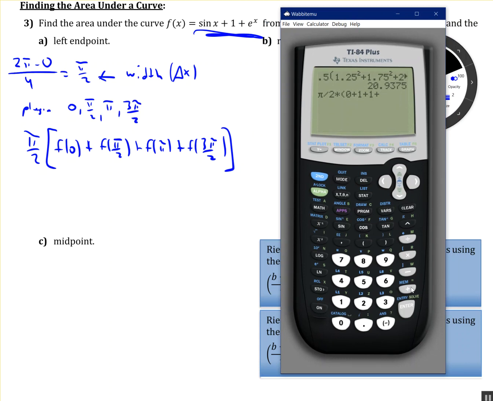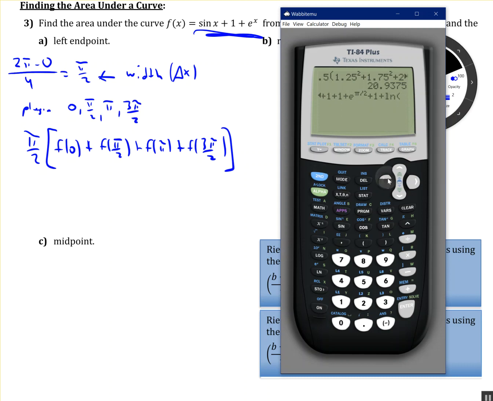Now let's do f of pi over 2. So sine of pi over 2 is 1 plus the 1 plus e to the pi over 2. Well, I don't know what that is, so let's go ahead and use the calculator for e to the pi over 2, plus sine of pi, which is 0, plus 1 plus e to the pi.